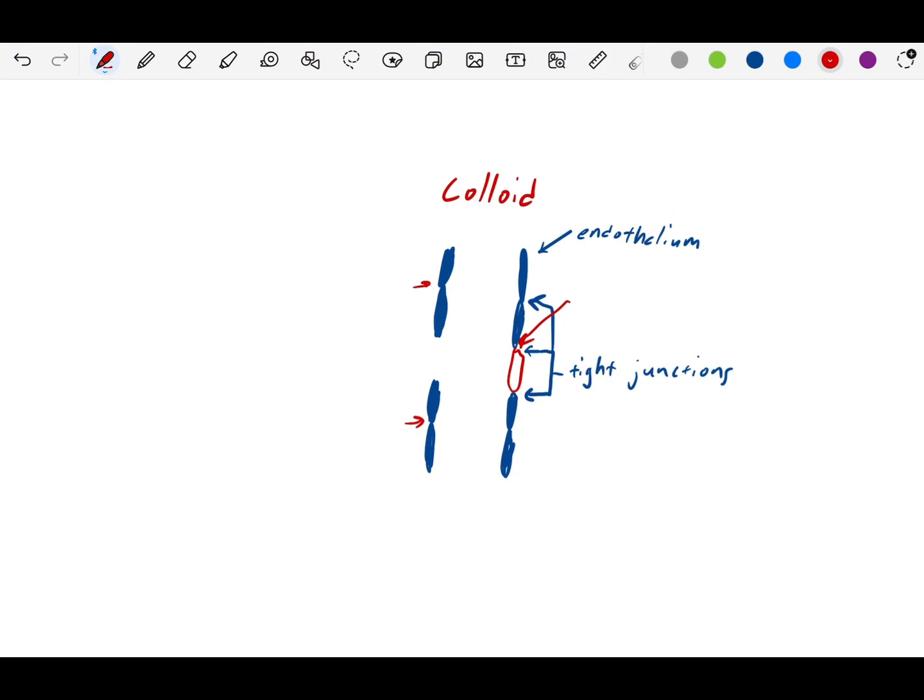And now the thing you need to know about colloids, they're big molecules. So in an ideal setting, these big molecules shouldn't be able to leave the intravascular space because they're too big. But the issue, and why they're not first line in the settings of things like sepsis, is that now there are openings in the endothelium, capillary leak due to inflammation.